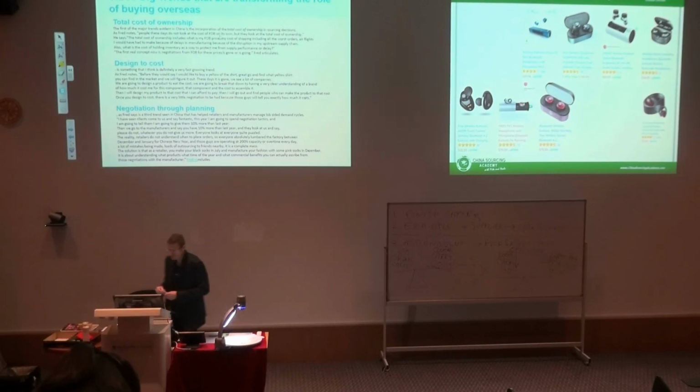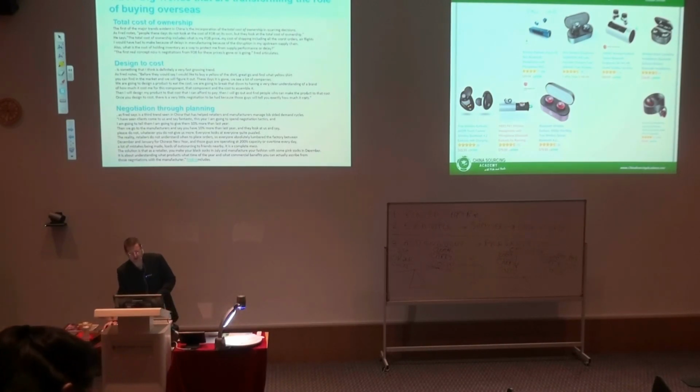They look at the total cost of ownership. What does that mean? Total cost of ownership includes FOB price, cost of shipping, including all the worst orders, air flights I would have had to make because of delays in manufacturing due to disruption in my upstream supply chain. Also, the cost of holding inventory as a way to protect me from supply performance or delay.